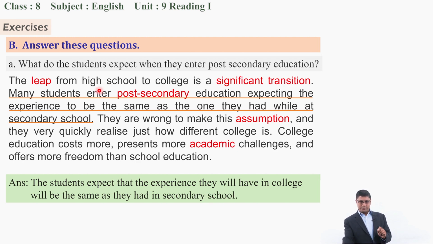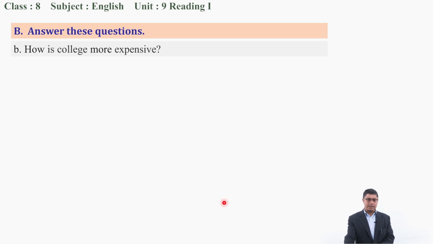So from here you see many students enter post-secondary education expecting, look at this word, expecting the experience to be the same as the one they had while at secondary school. That's why the students expect that the experience they will have in college will be the same as they had in secondary school. This is the answer, okay? Is your answer similar to this? Very good.